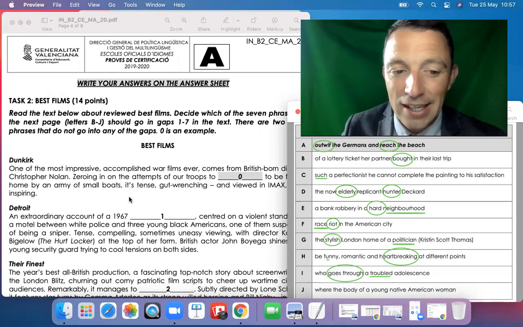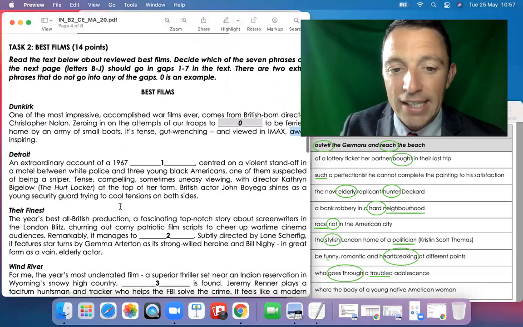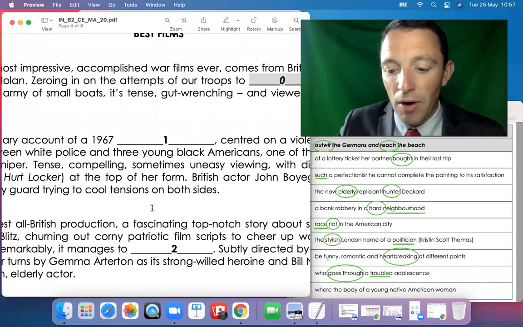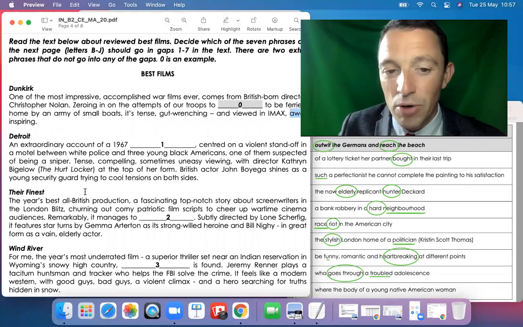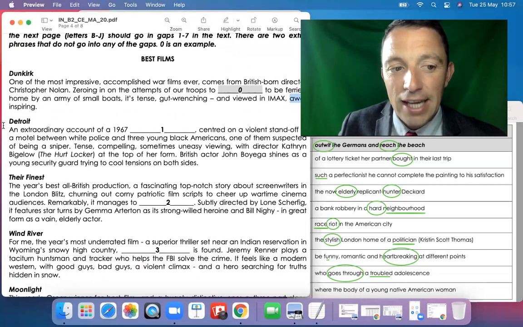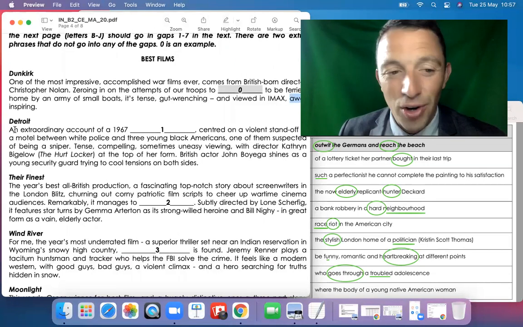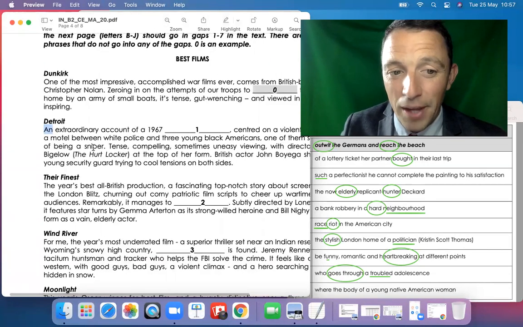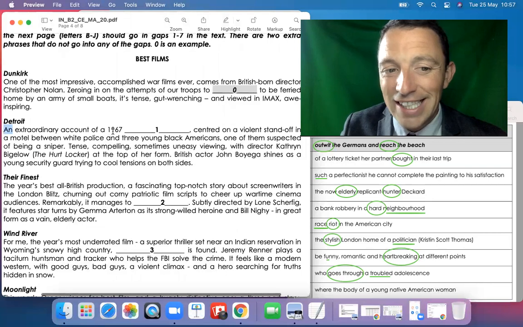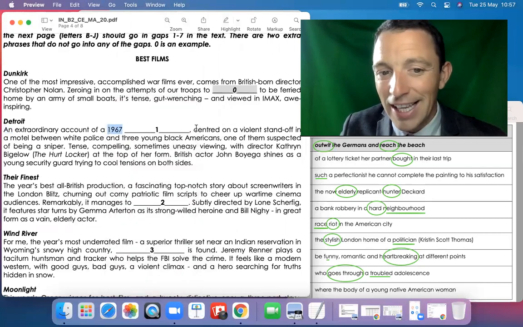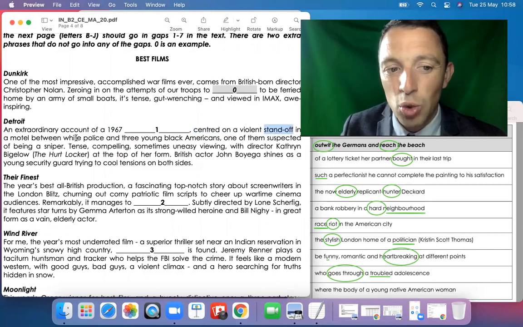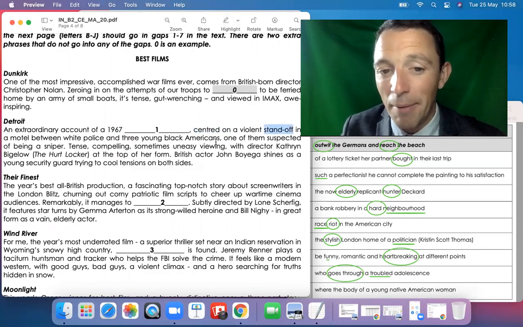Okay, so the second movie is in relation to Detroit. So obviously Detroit is another movie, and I will read just very quickly, I suppose, the paragraph for Detroit. So an extraordinary account of a 1967 something centered on a violent standoff in a motel between white police and 3 young Black Americans.